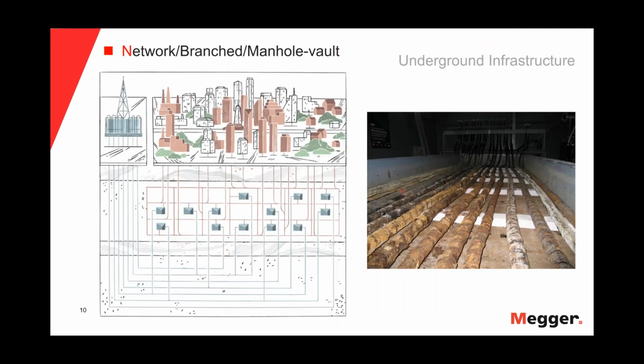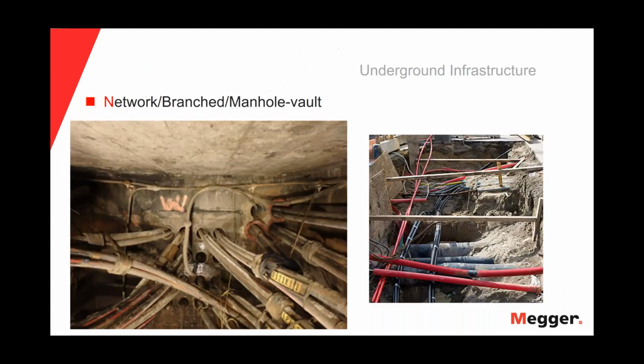So if we look at underground infrastructure, we can roughly break it into two different areas, what we would call a networked, branched, manhole system. I commonly call these systems downtown network systems, and they come in different flavors, but one thing common in these types of systems is the complexity.